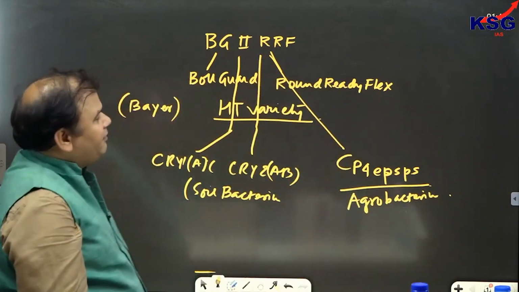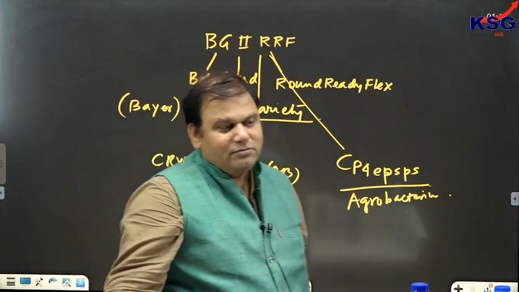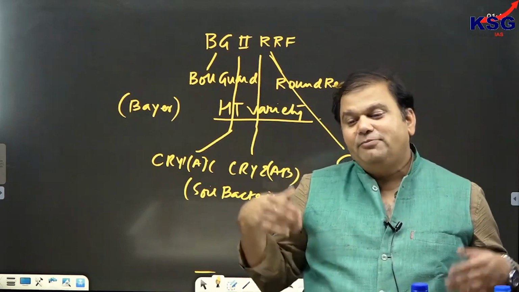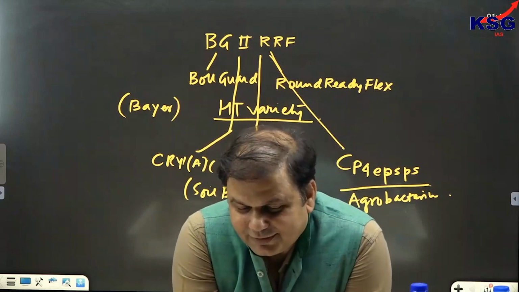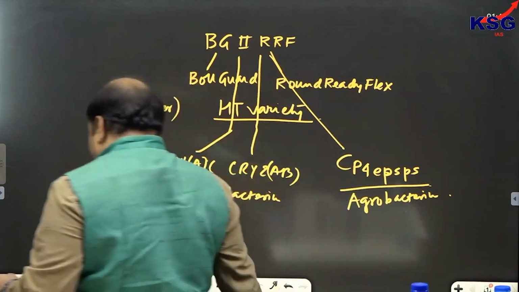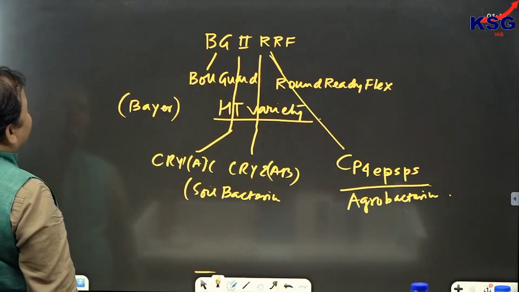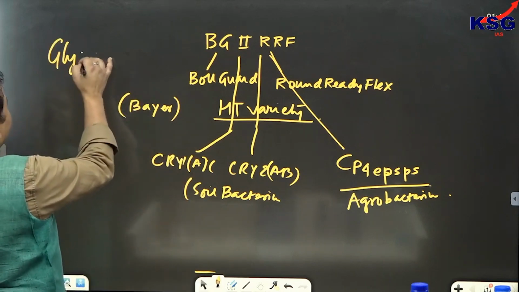Now these are some of the varieties that you have to know: BT cotton, then BT brinjal, then GM mustard, and also BG2 cotton. Clear? And for cultivating BG2 cotton, we would be using another herbicide of Bayer, and this is called glyphosate.